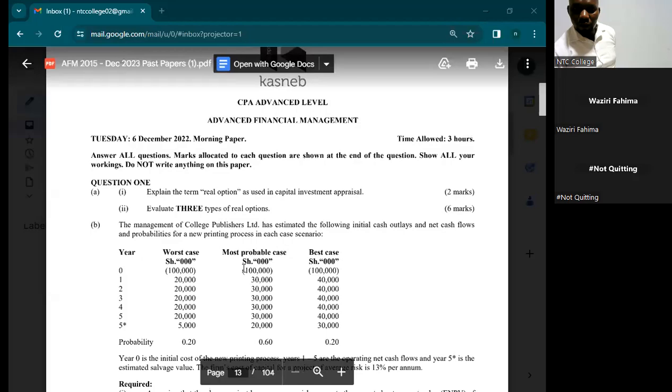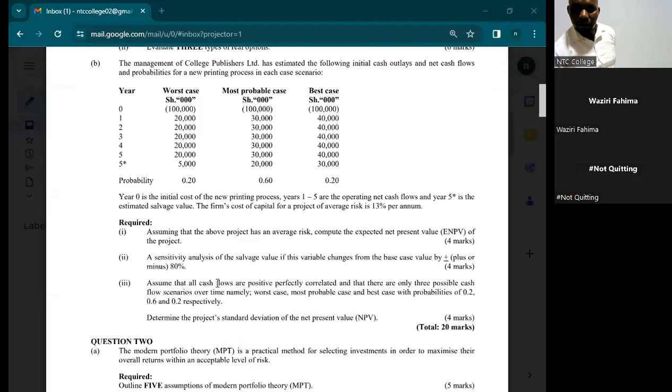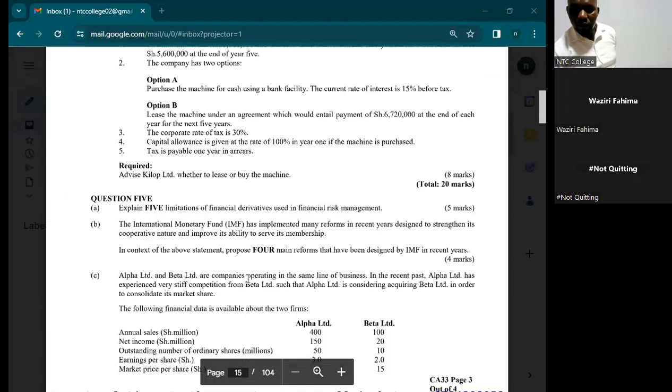2021 December. So we have just done this one. This is the one that we have done. So we need to go to 2021 December.